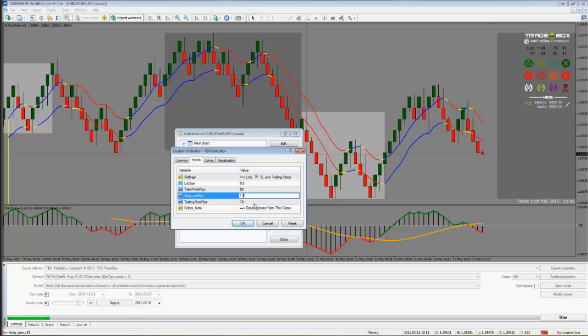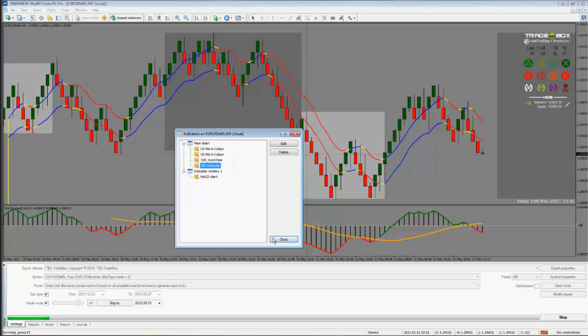Okay, so what we've got here is a 17 pip stop. I've got an artificial 50 pip target because I do let some positions run. Our trailing stop kicks in at plus 10. Now I'll stop those trades at any stage when I think momentum's turning the other way. So that's how that works.